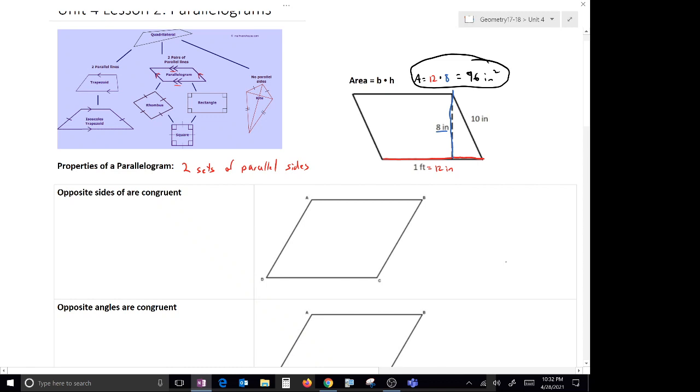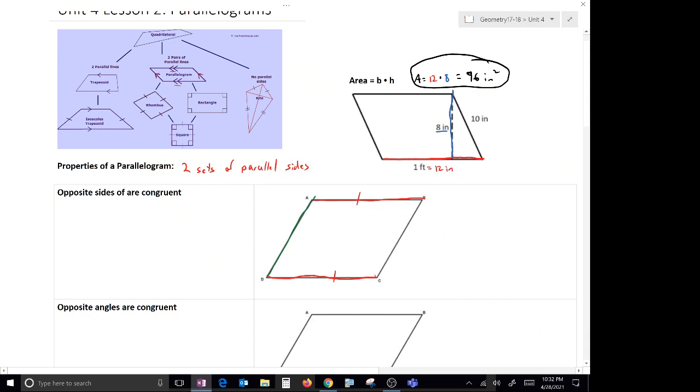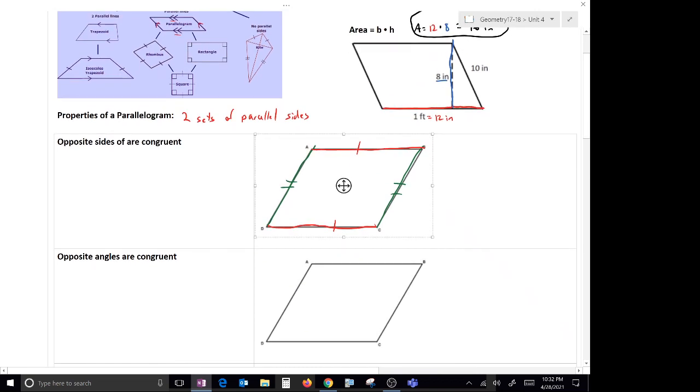Opposite sides are congruent. So that means that these two, the top and the bottom, are congruent. And then the two sides are congruent. We could also say that opposite angles are congruent. So angle A and angle C are congruent.